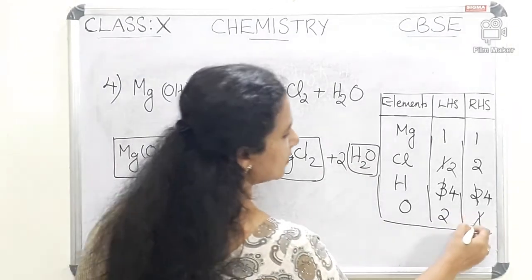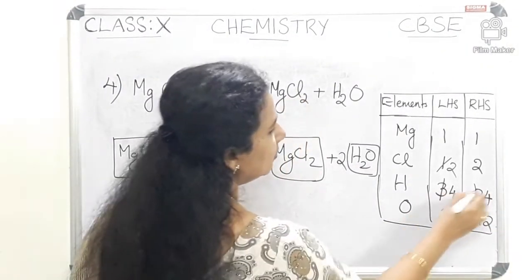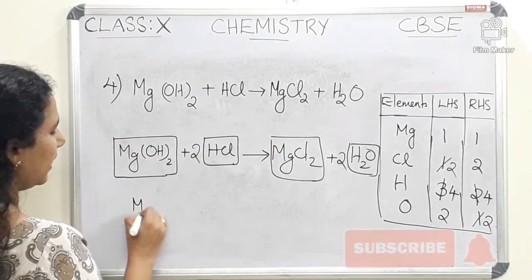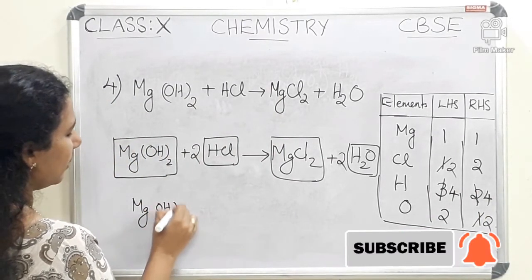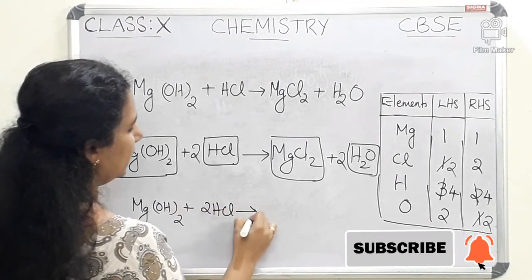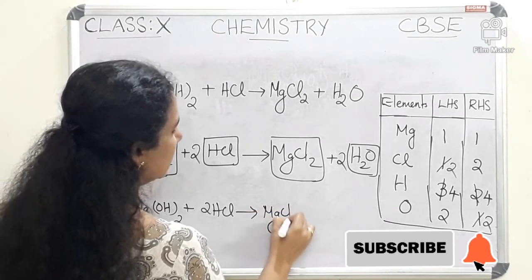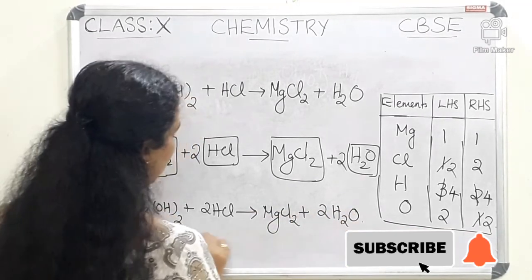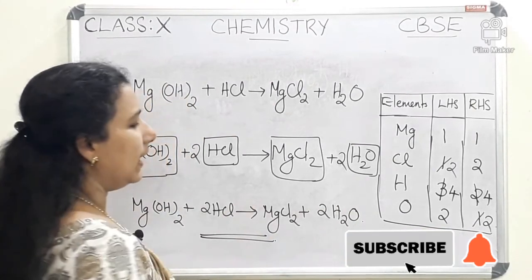Now all the numbers are the same. Now we can write the balanced equation as Mg(OH)2 plus 2HCl gives MgCl2 plus 2H2O. So this is the balanced equation.